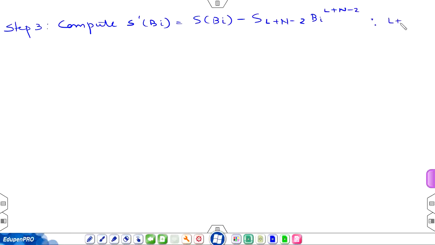Okay, so L plus n minus 2 we have already calculated, that is 2, so we have to calculate S of beta i minus S of 2 beta i square.